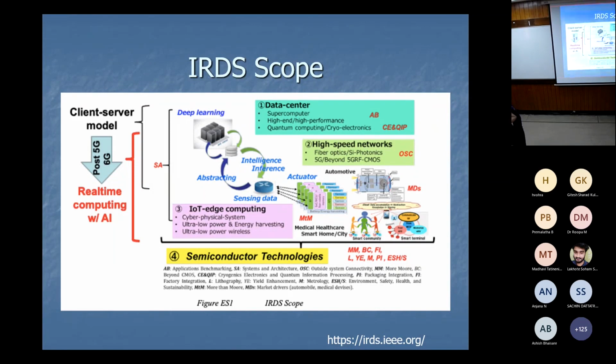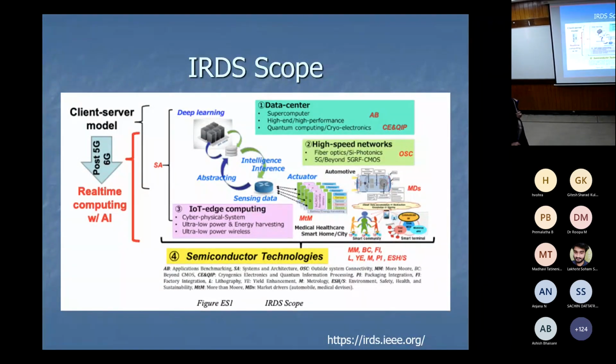So we have to have a unified or integrated approach to the development. Yeah, high-speed networks are required because we are talking about heterogeneous integration and data centers. We are talking about cloud computing environments, and we also have to develop SOCs for such systems further.